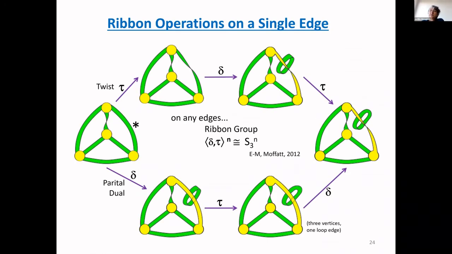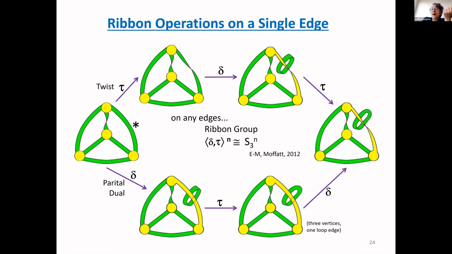All right, but now you have the ability to take the dual with respect to the edge and the twist with respect to the edge, which means that both of those together, which generate an action of S3, act on every edge.